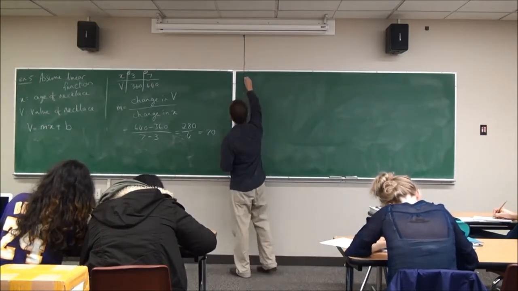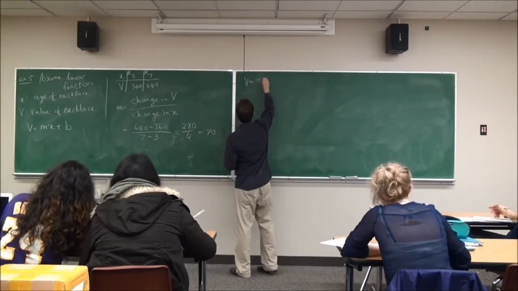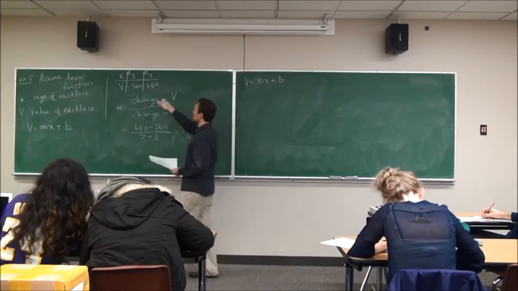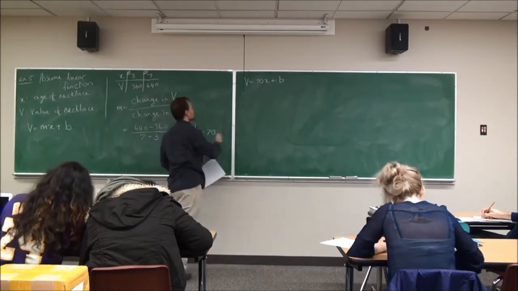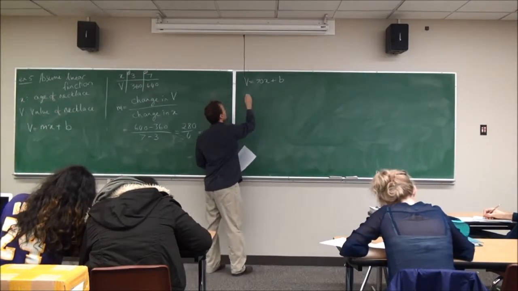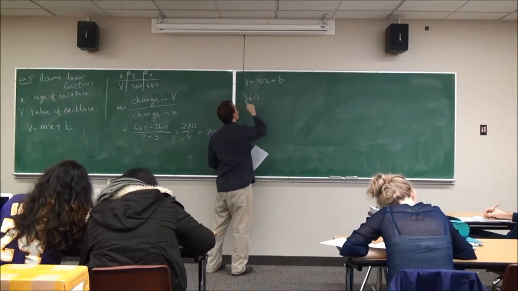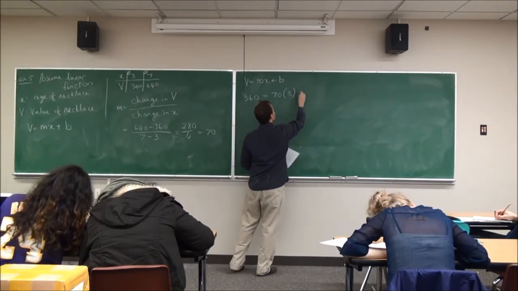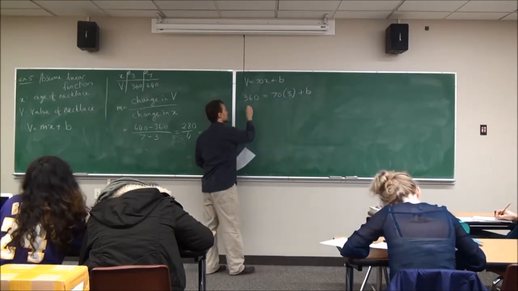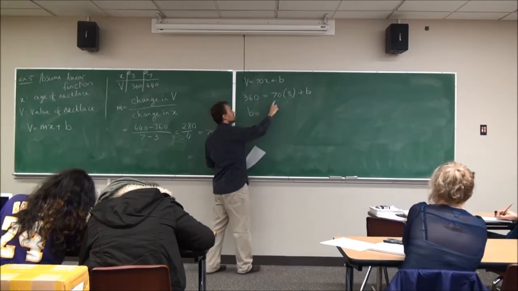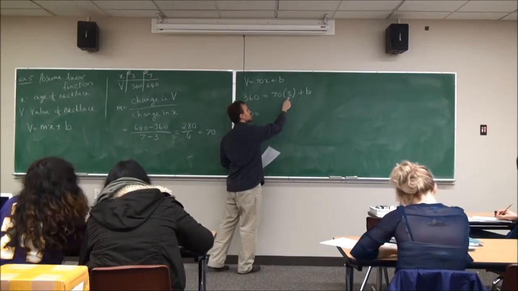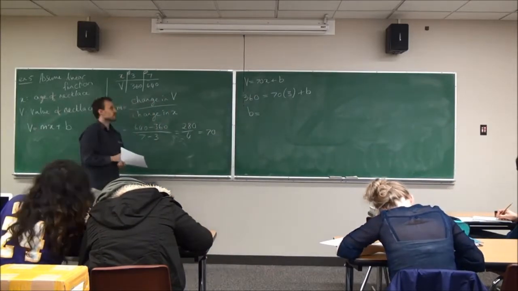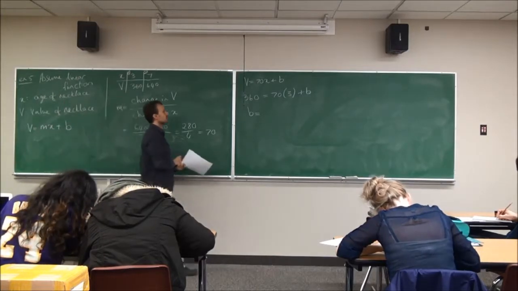So I update my equation. V equals 70x plus b. I can use any pair, 3 and 360, to find the value of b. So the value of 360 goes with the value of x of 3, and I can find the value of b. 70 times 3 is 210. 210 you take away from 360.